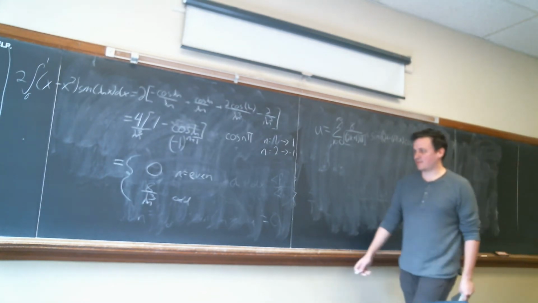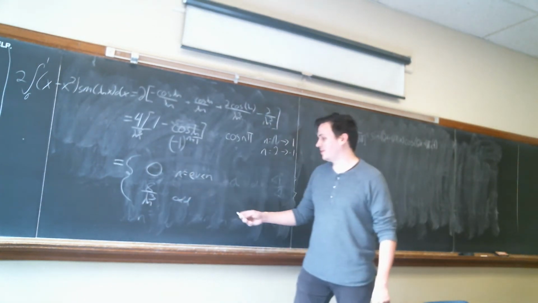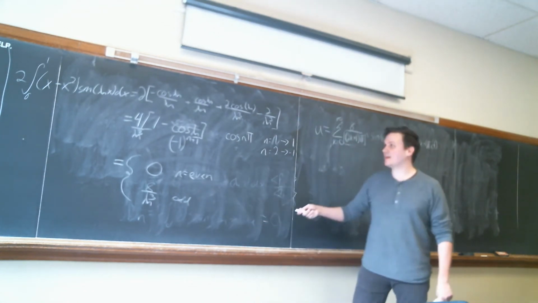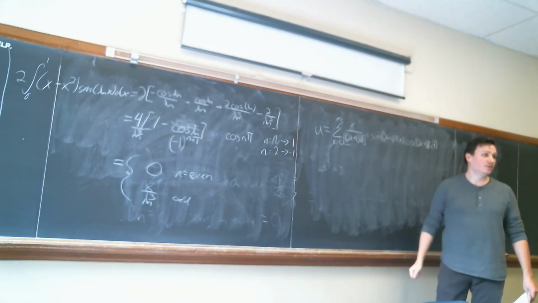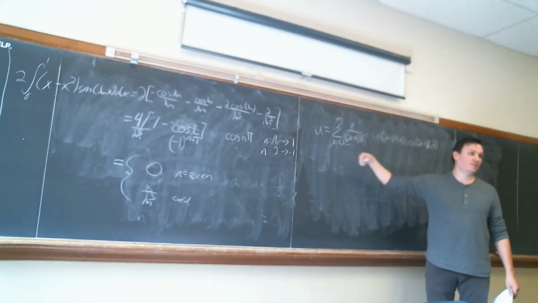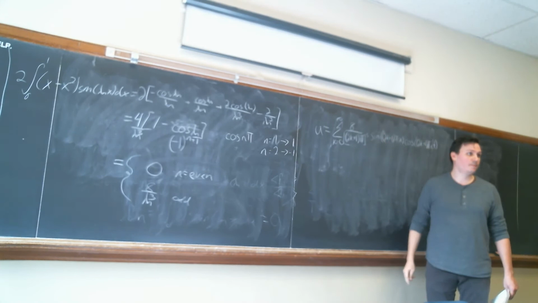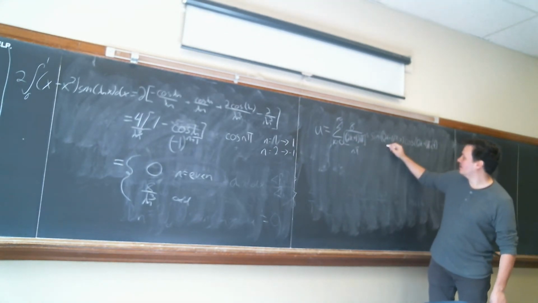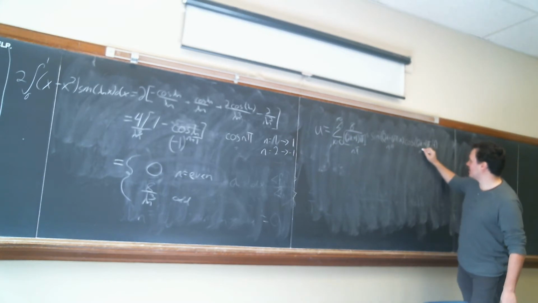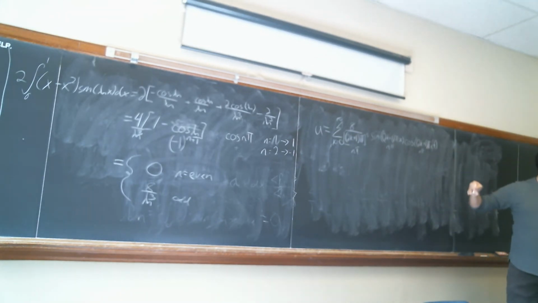Now I switched over from n's to k's because we can ensure everything's odd. If we go k equals 0, we just follow the form of an odd integer. So that starts at 1 for k equals 0, and then it just counts all the odd numbers. So this is n pi here, this is n pi here, and this is n pi here, but it's only for odd n's.